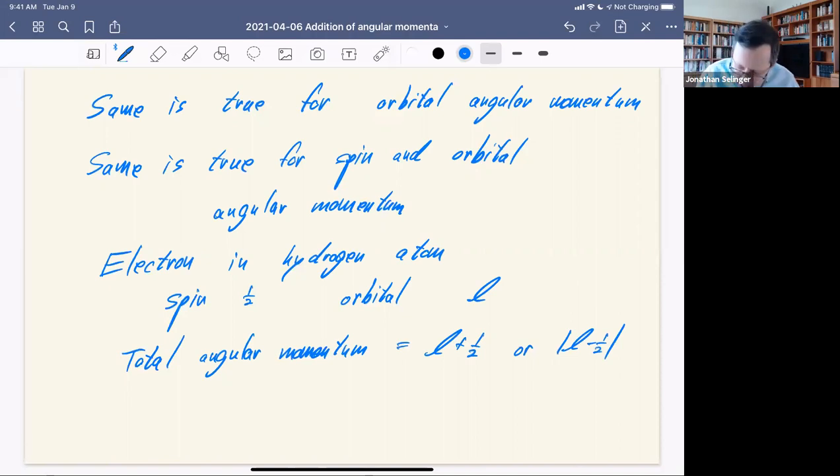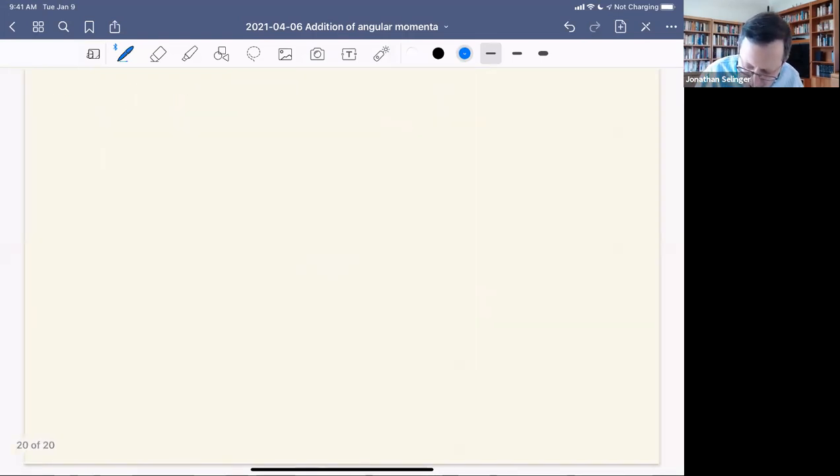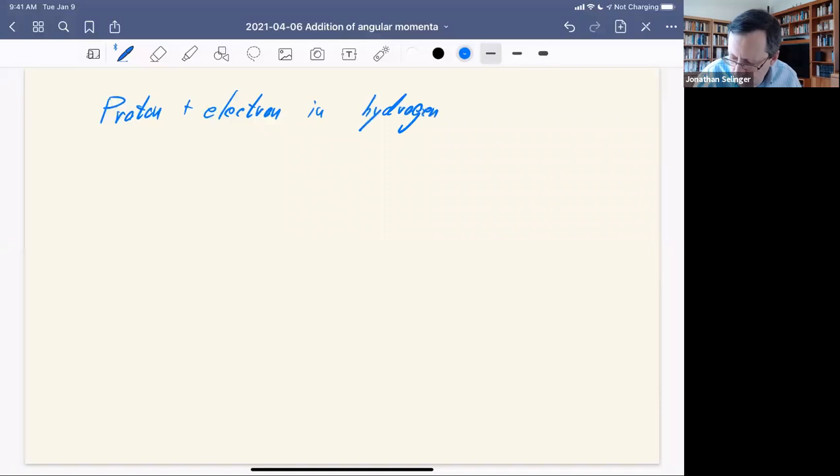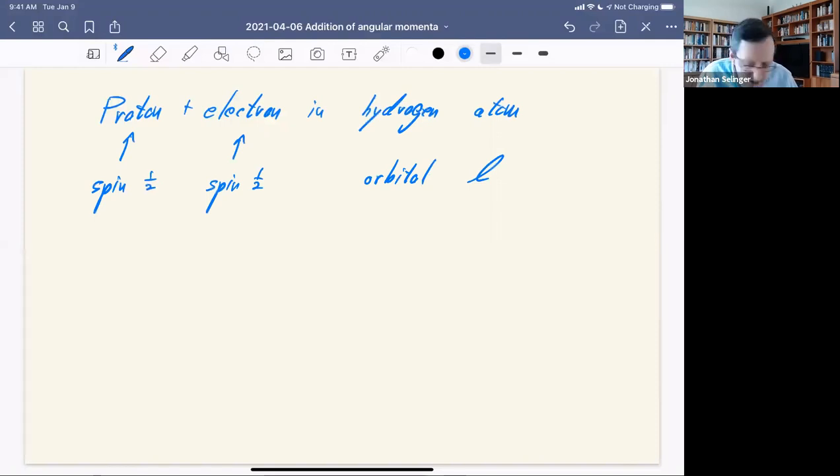And if you have a proton also, so if you have a proton and an electron in the hydrogen atom, the proton has spin 1/2, the electron has spin 1/2, and the orbital is L. So you want to combine all 3 of these things.